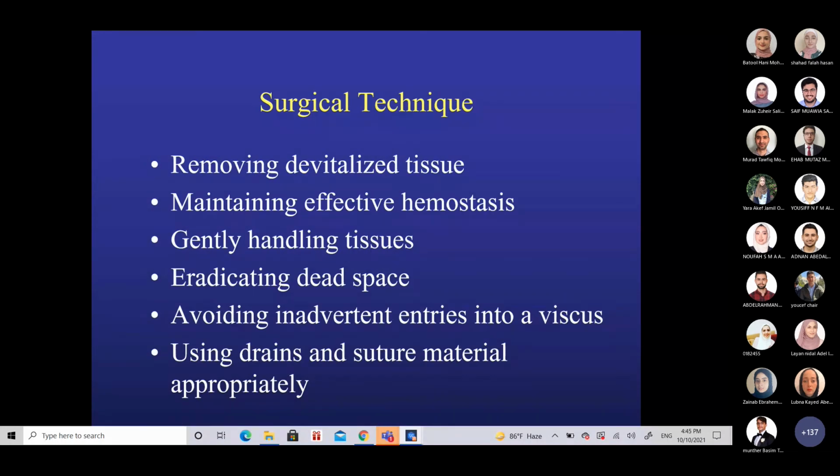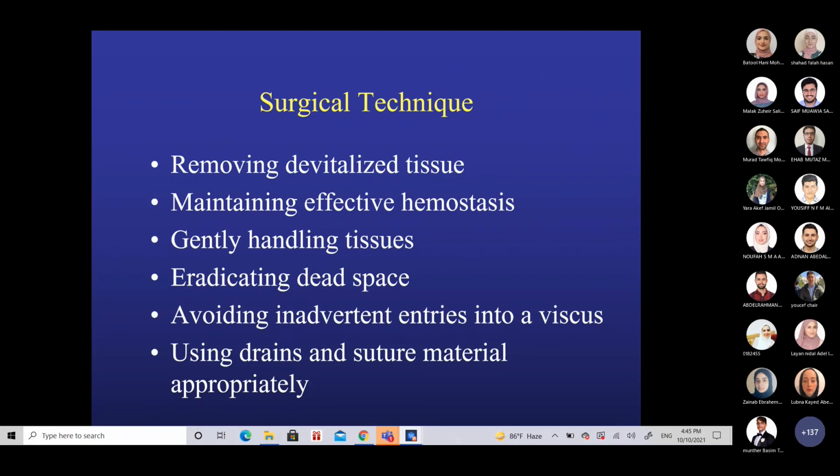Eradicating dead spaces is very important, because if you leave dead spaces, you leave a chance to accumulate fluids like seroma or hematoma, which will increase the risk of infection.